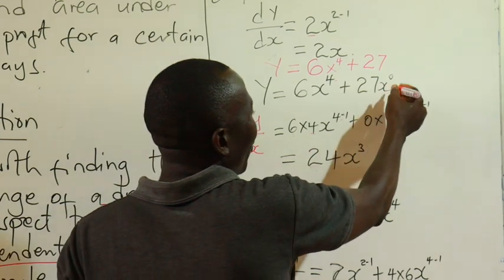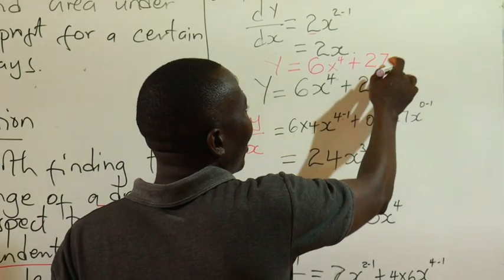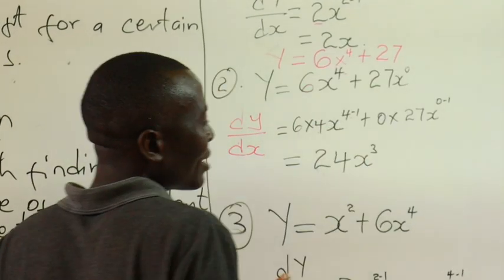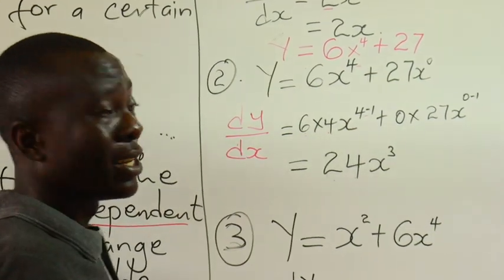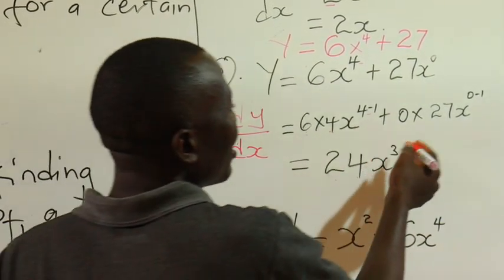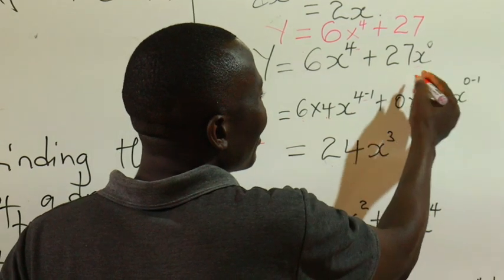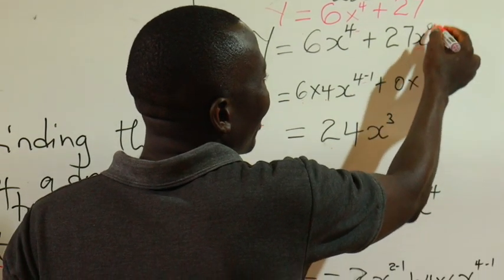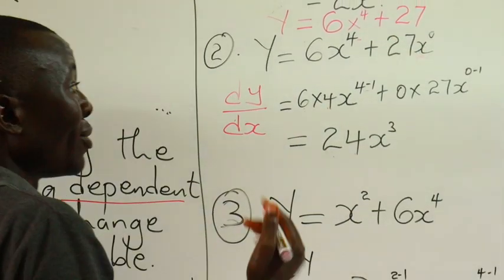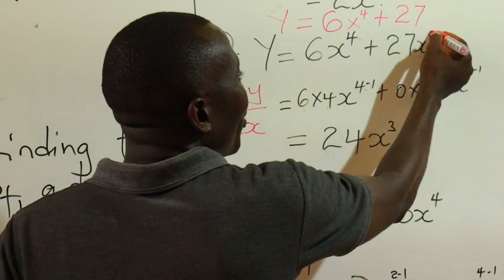But then here, when we differentiate a constant, it disappears. How does it disappear? Because this is the same as 27x raised to 0. First of all, when we differentiate, we drop the power.